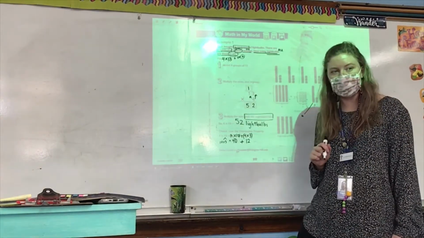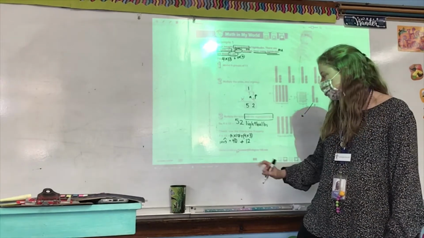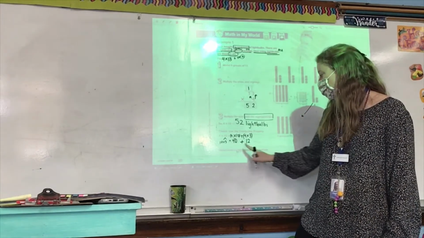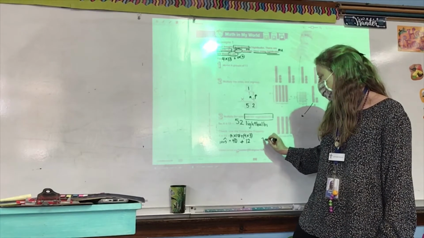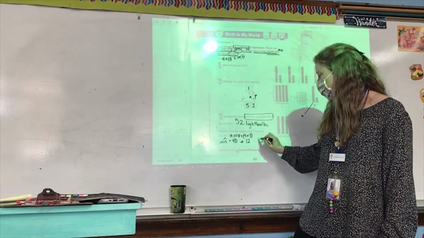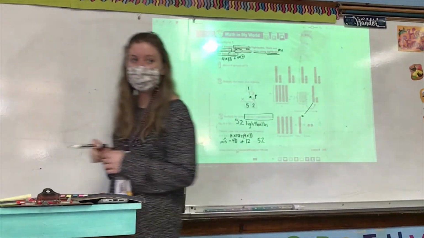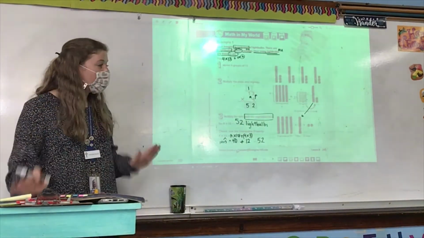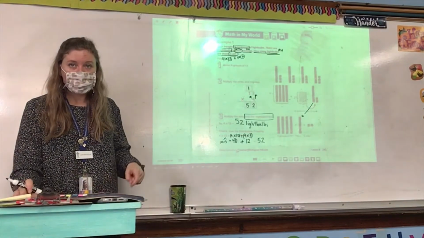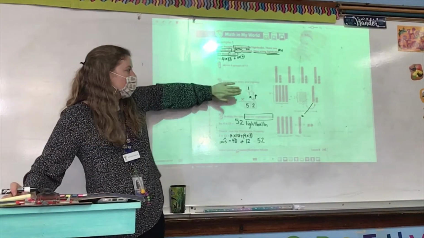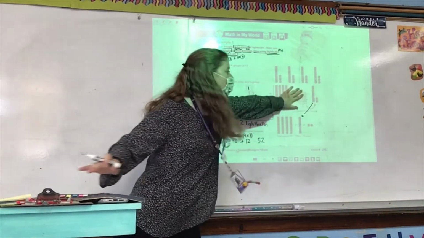Are we going to have to regroup in any place? No. So we can just go side to side. Add the ones, 0 plus 2, 2. Add the tens, 4 plus 1, 5. So our answer is 52. Okay, so that's what it looks like, paper and pencil and base 10.